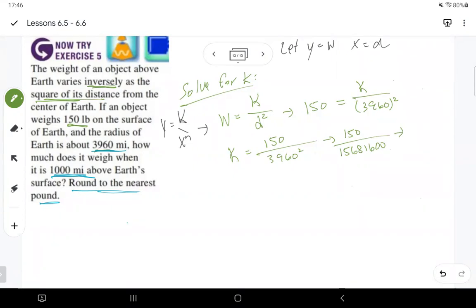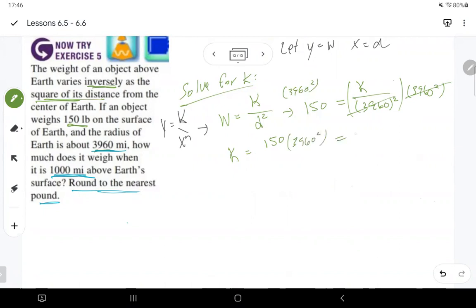Oops. Did anybody catch me? We're supposed to divide here. We have to multiply here. Guess it's super good to always work out your work. There we go.